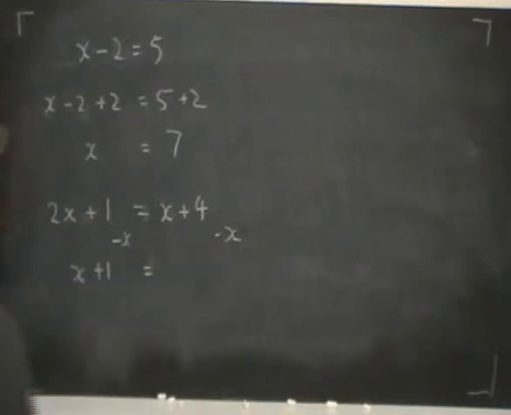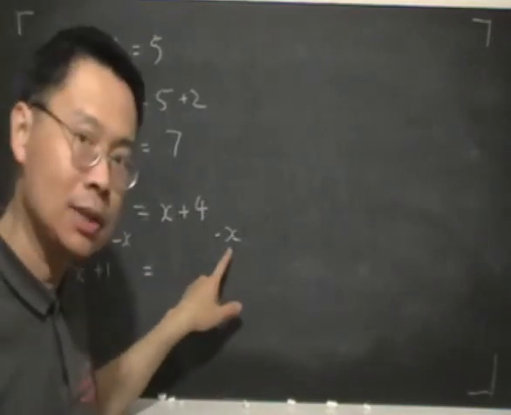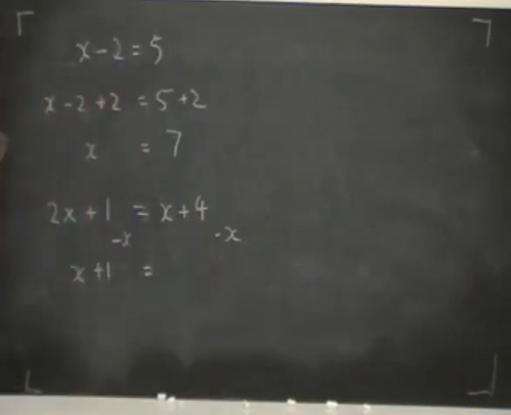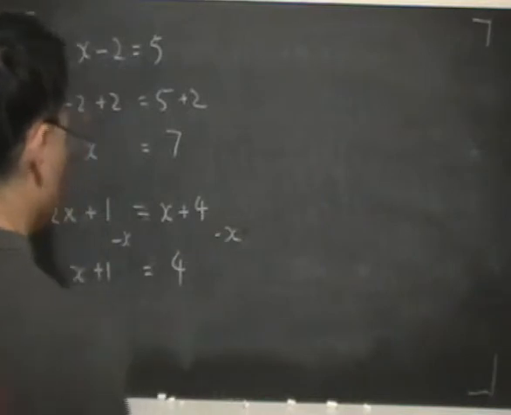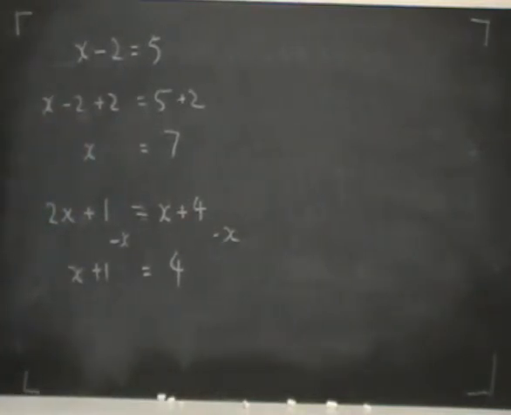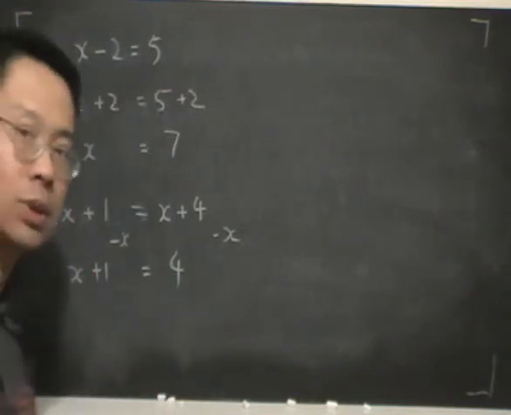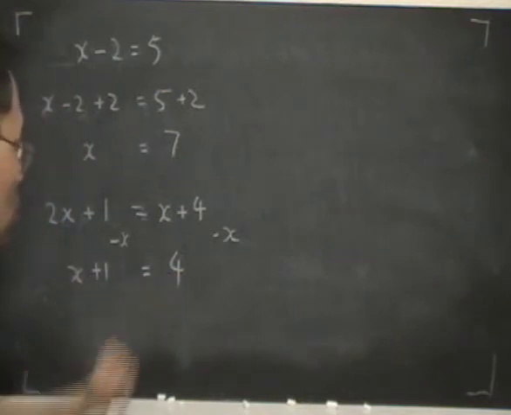And on the right side, I have x plus 4 minus x. So x minus x is 0 and I have just 4. So now it's looking simpler, looking like the example earlier where we have just the x on one side. So x plus 1 is equal to 4.